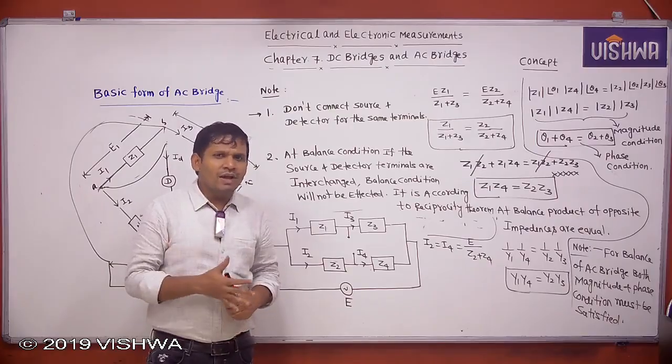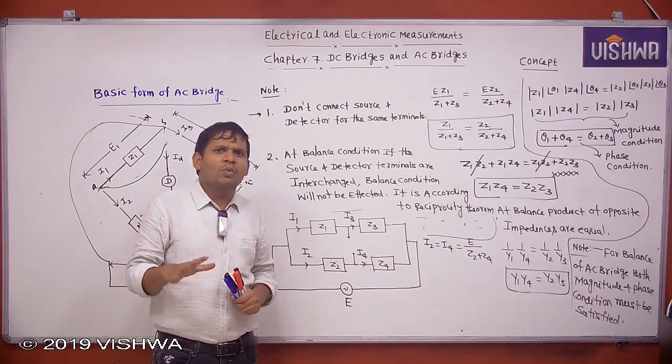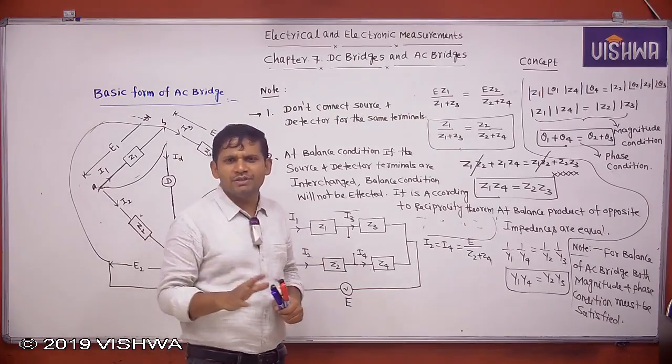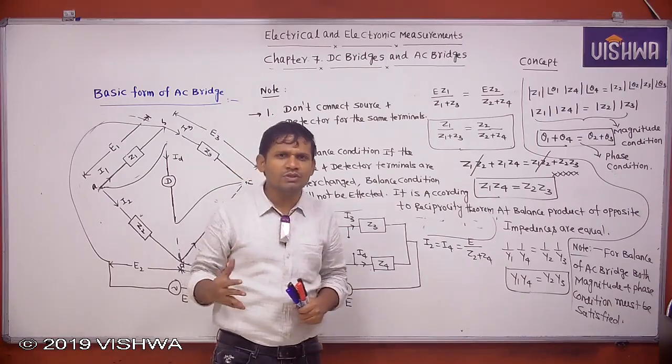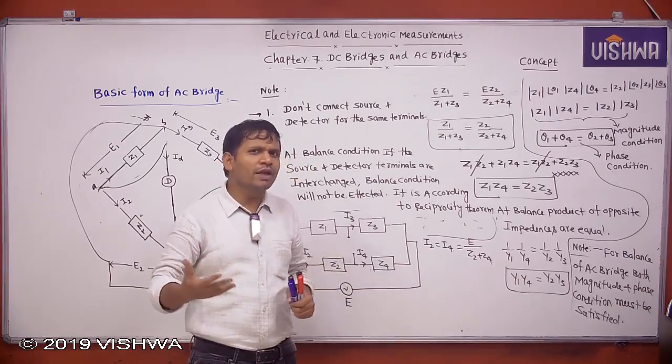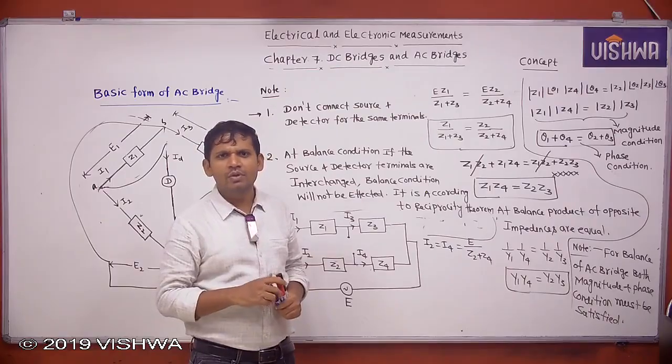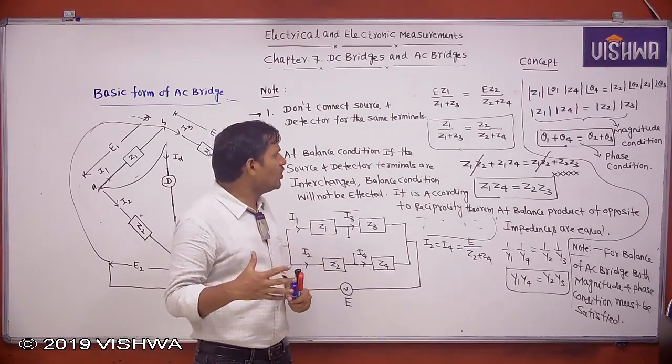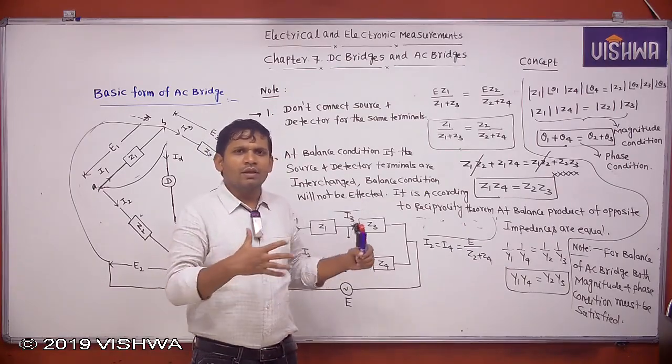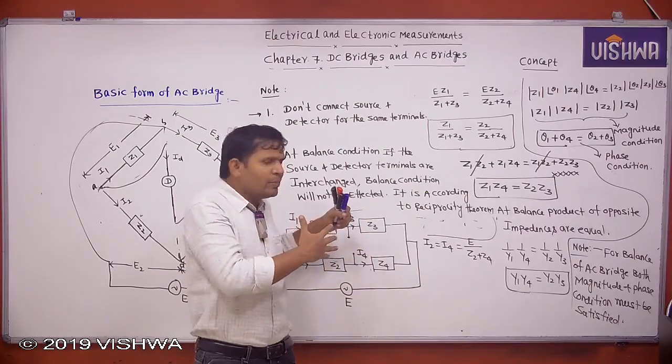Now with this knowledge, we can solve the first model of questions in AC bridges. This model of questions has already been asked in all the competitive exams. Here they give one bridge circuit.